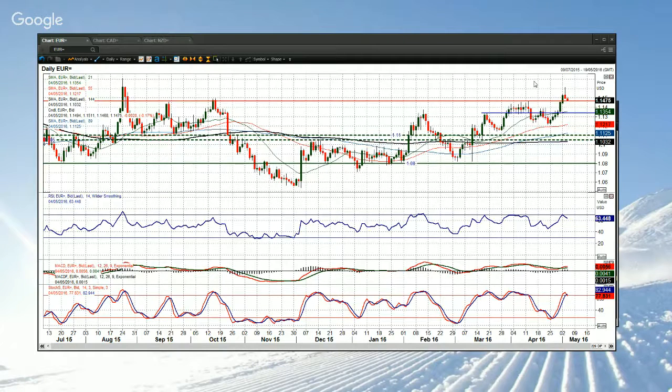If you want to get really picky, it's probably not a shooting star, because maybe the candle body is a little bit too large for that. But still, not only did we see a significant intraday reversal from that high at 1614 to close over 100 ticks lower from that high, this is coming as the RSI hit 70 again. Tends to be sort of the limit, doesn't it, in these moves?